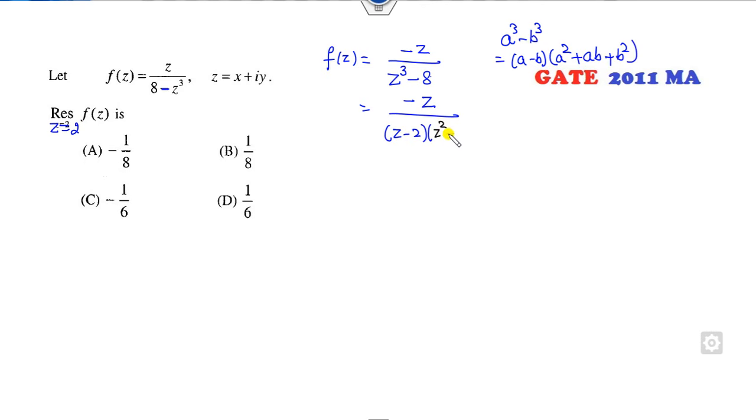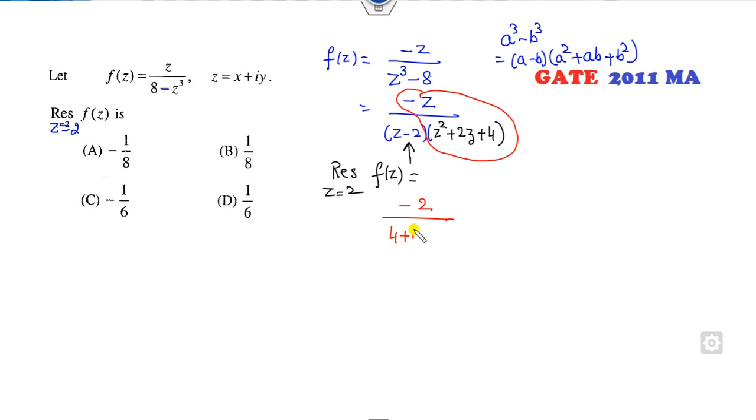Now you have to find only the residue at z is equal to 2. So what is the value of this? I can substitute the value of z here. So it's minus of 2 over 4 plus 4 plus 4. So minus 2 over 12, minus 1 over 6 is the right answer of this problem.